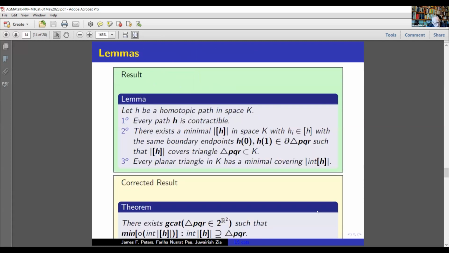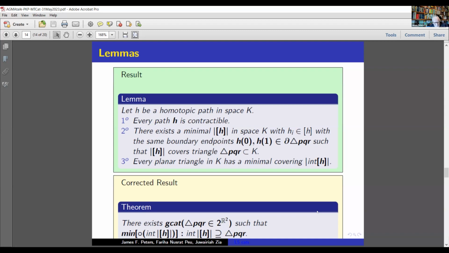And here's a lemma that tells us that if you have a homotopic path in a space K, every path is contractible, and there exists a minimal geometric realization of that path class with the same boundary endpoints, such that the path class covers its geometric realization as a triangle in the space.